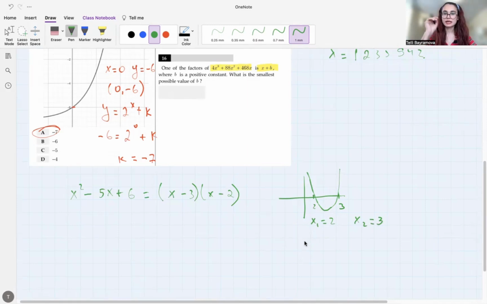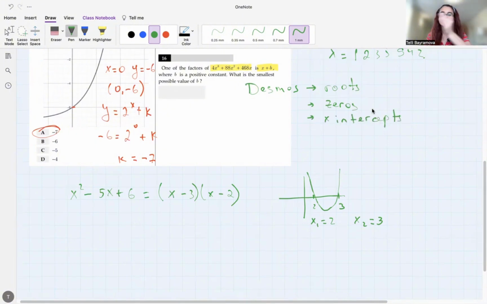Now let's write this question in the calculator. Then find roots or zeros, or x-intercepts. You will see these keywords in the exam. All of them mean that x equals what if y is 0.